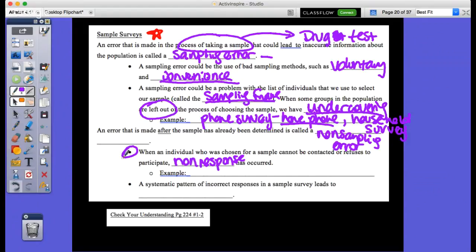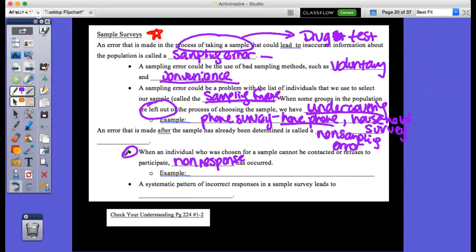When you do a phone survey, sometimes people won't contact you or they'll refuse to participate. In that case, we call that a non-response. Non-response has occurred. That doesn't mean the survey's washed out, but we just have to take that into account when we display our results.